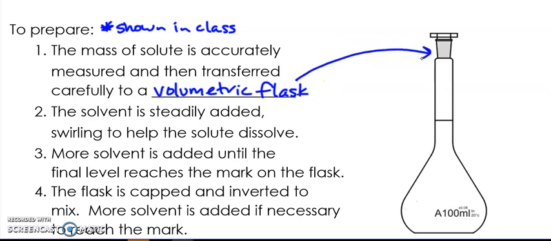So it measures volumes much more precisely than, like, a graduated cylinder. So this one holds a volume of 100 milliliters, and that volume is right at the line that's here. And it's a very small, narrow tube, which gives you a smaller meniscus, which makes it more precise. So you add your mass to the flask.